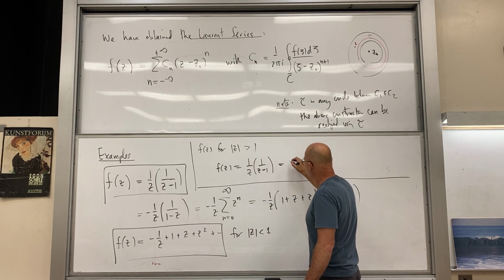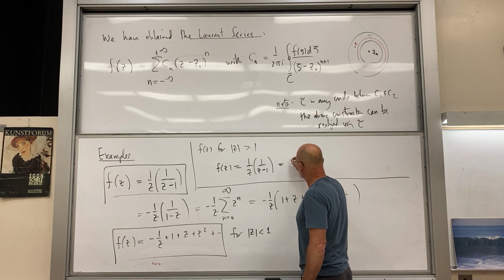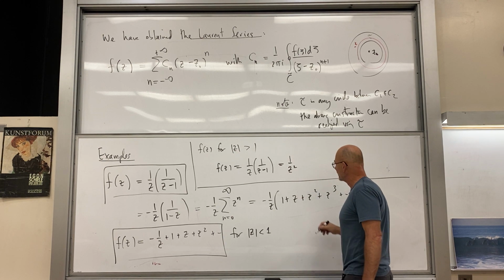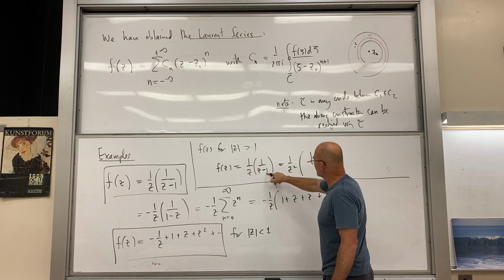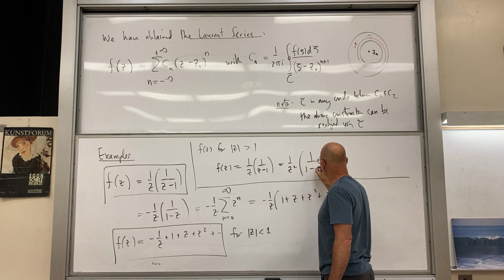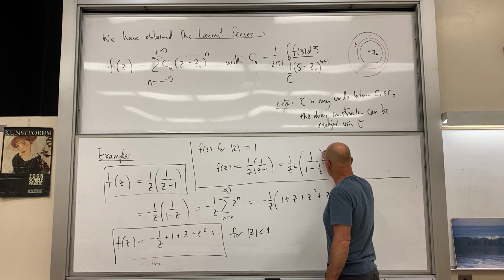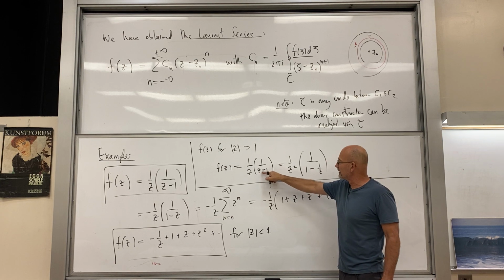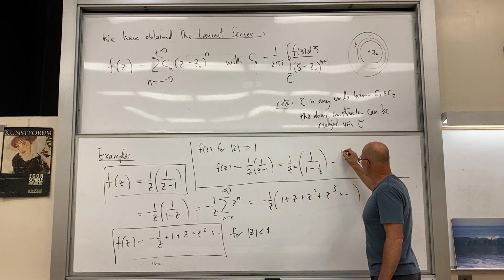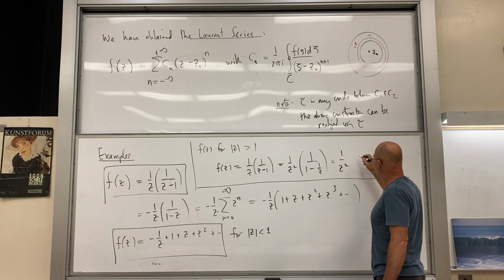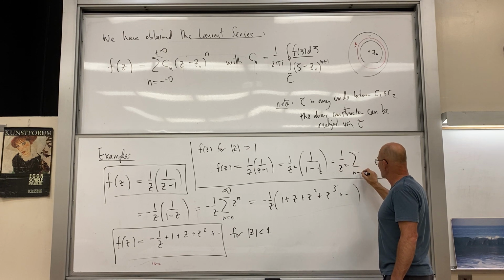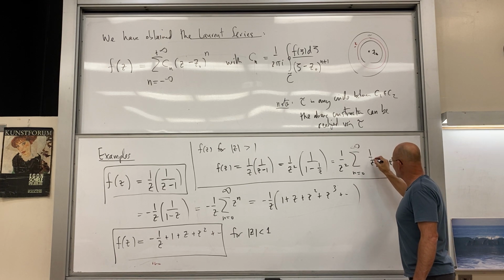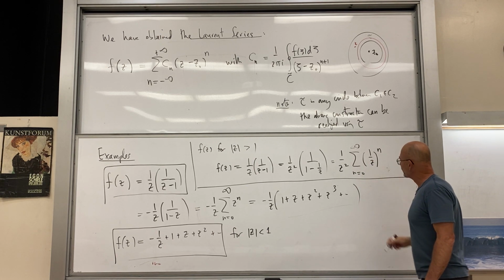So we're going to do this: 1 over z squared. We'll pull out another factor of z here, and we'll have 1 minus 1 over z. I just pulled out that extra factor z here. Now I have 1 over z squared times the sum over n equals 0 to infinity of 1 over z to the nth power.